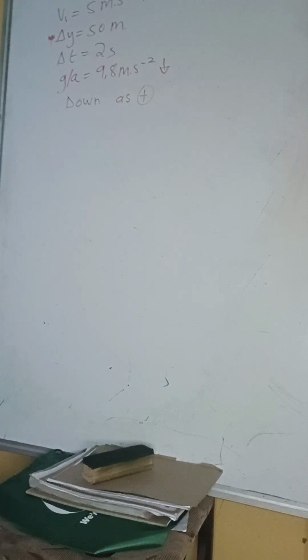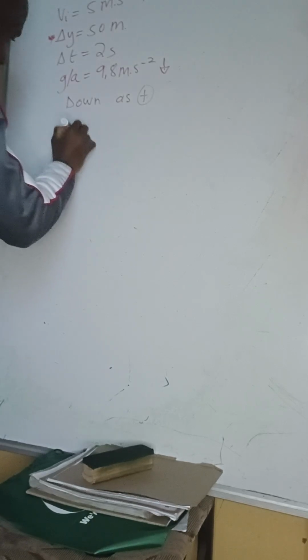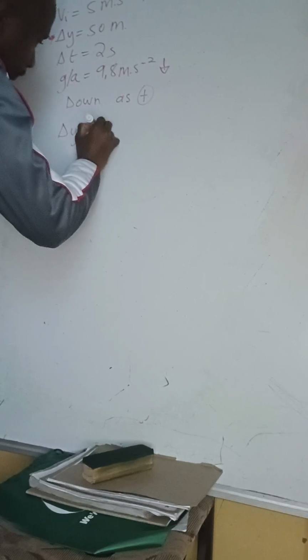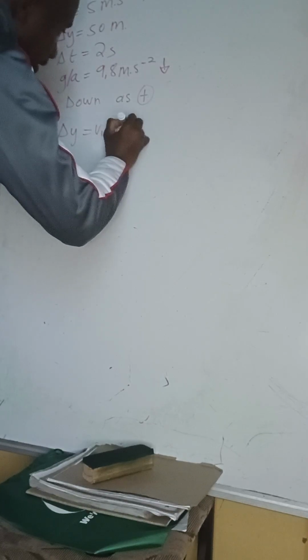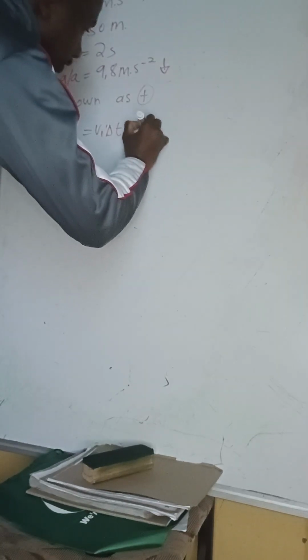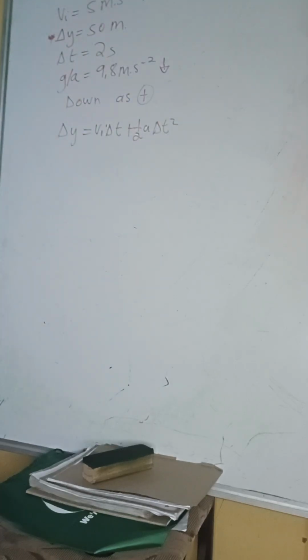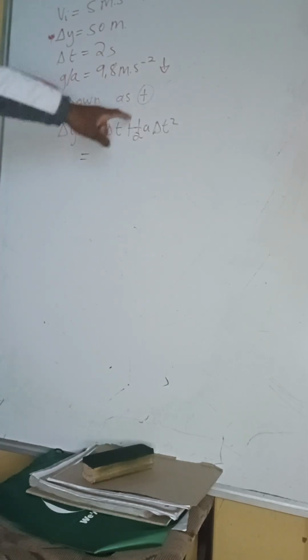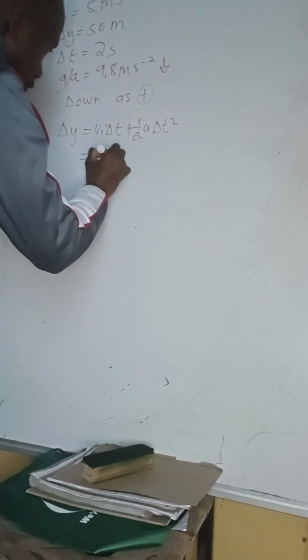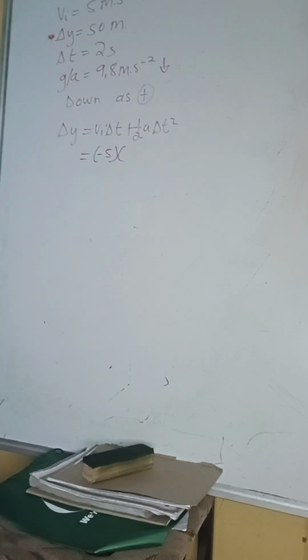So like we said, let us use this formula: vi delta t plus half a delta t squared. So now what do we do here? Now we only have to substitute. Our vi, because now we set down as positive, simply means our vi is going to be negative. We're going to multiply by what?